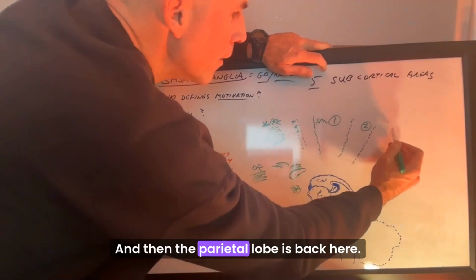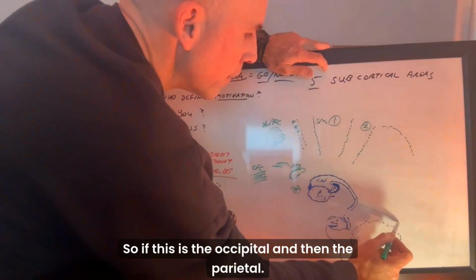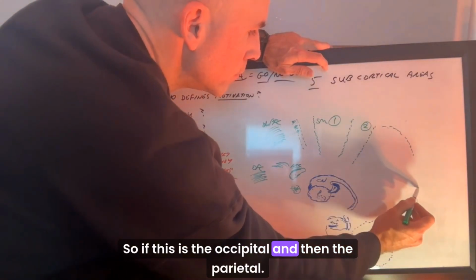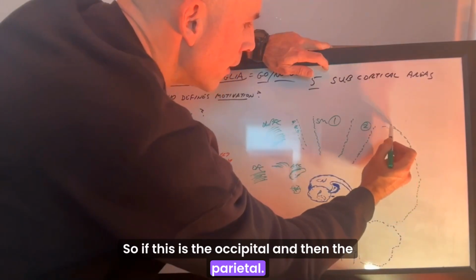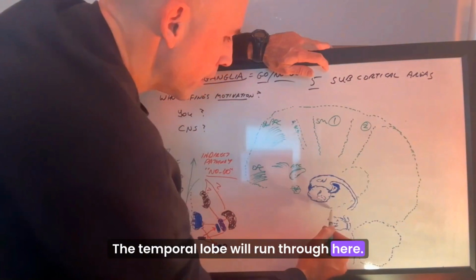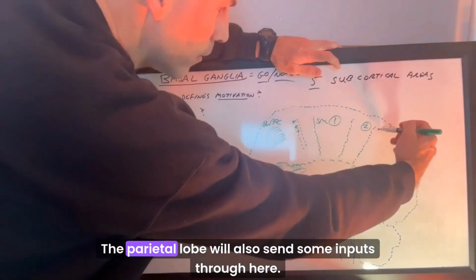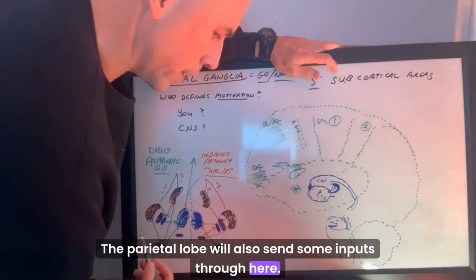And then the parietal lobe is back here. Remember? So if this is the occipital, and then the parietal, see, we're just building the brain here. And the temporal lobe will run through here. So we're just mapping out the brain. The parietal lobe will also send some inputs through here.